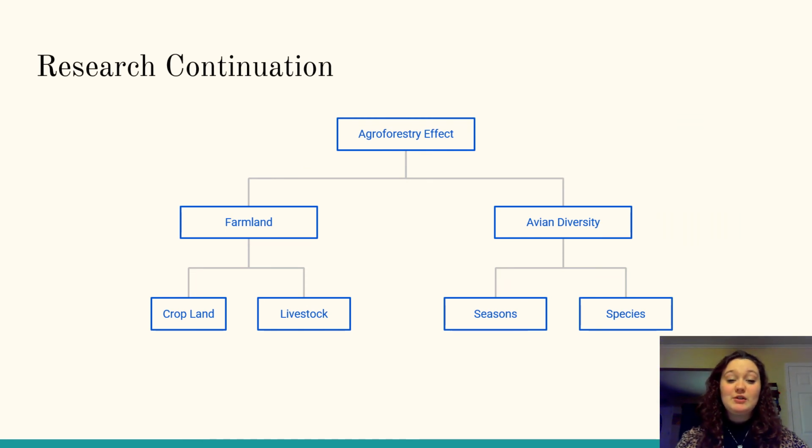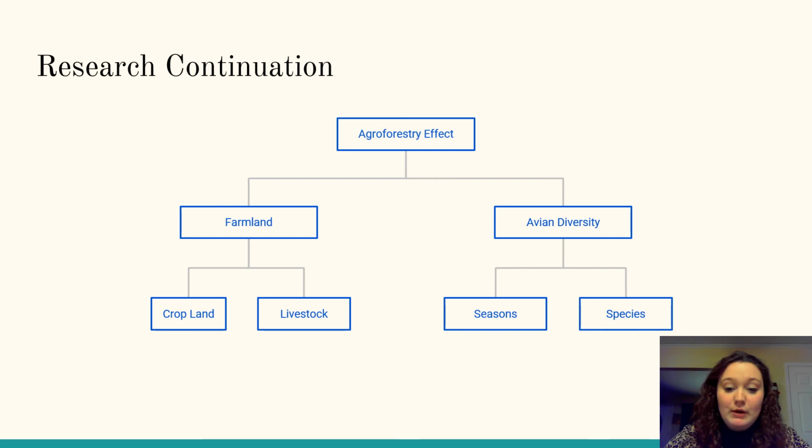For the continuation of the research, the first 3 points, which are the farmland, agroforestry effect, and avian diversity, were all our 3 main points during this experiment. But to break it down even further, more research topics could be found by comparing cropland birds versus livestock farmland birds.